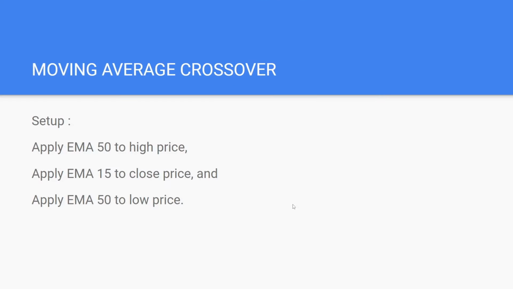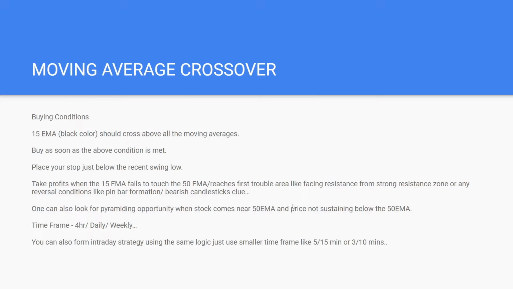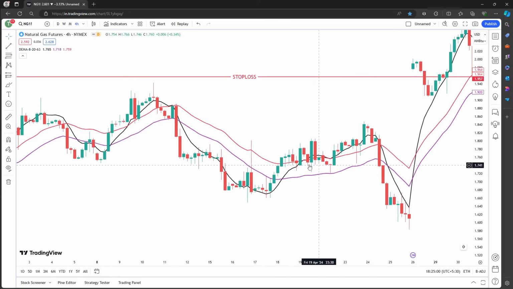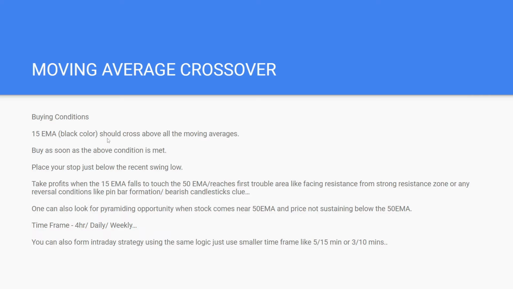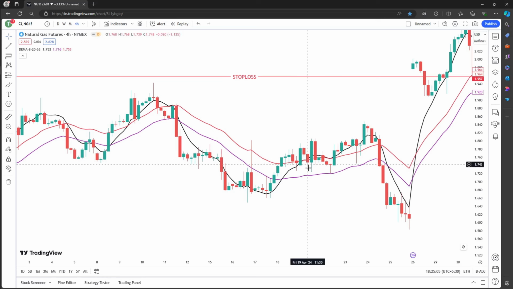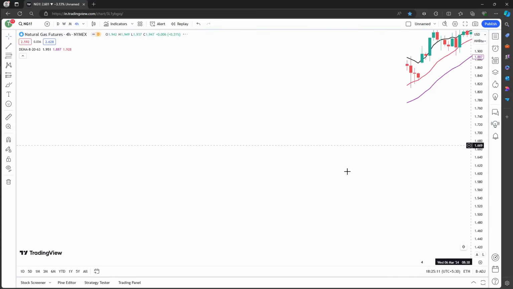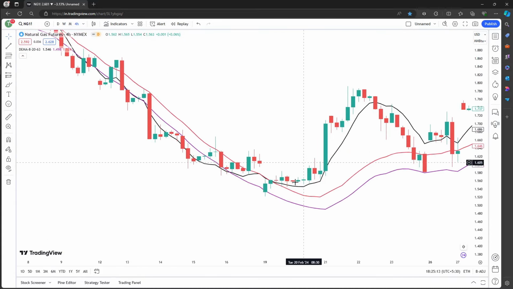Now, what is the strategy you have to use? Simple. Whenever the 15 EMA, this black one, crosses above both the 50 moving averages, you buy it. Let me go into any possible trade here.